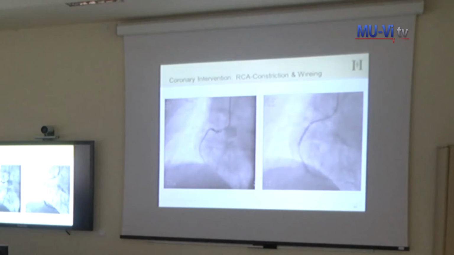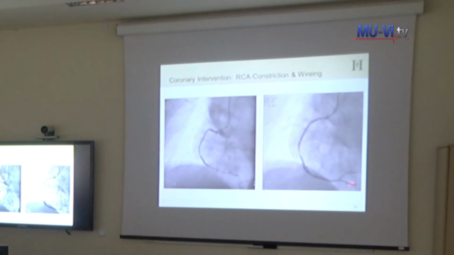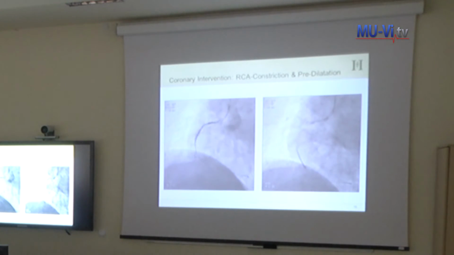And now some examples follow with interventions. You see the RCA constriction right here. It's over 80%. The patient had angina. We wire the vessel. The wire goes down up to here. And we use this wire to put a balloon to the stenosis.